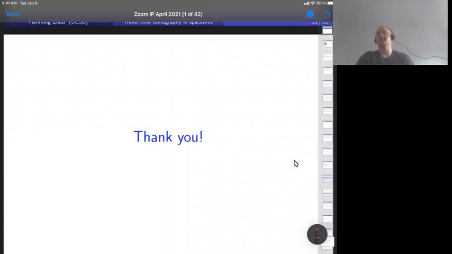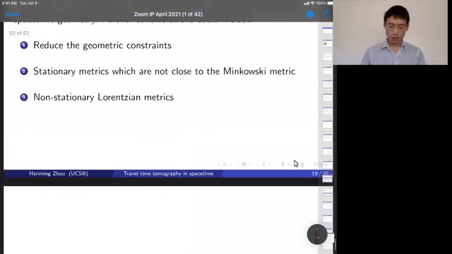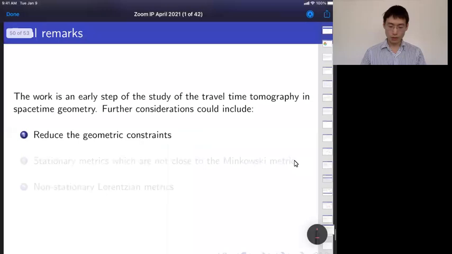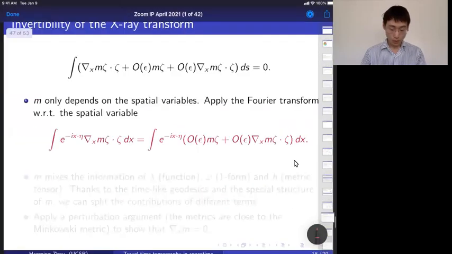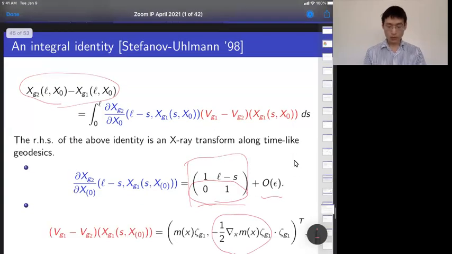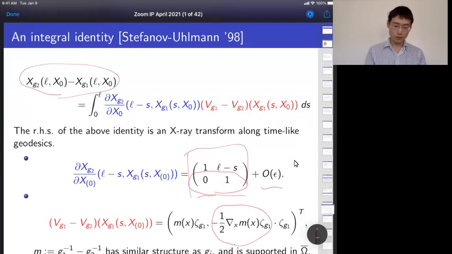Right. I see. Okay. From that integral identity, it can be treated as a transfer from the distance function to the scattering relation, because one side of this integral identity is exactly the difference of the scattering relations. Right. So what I'm getting at is that if you look at these scattering relations, then it makes sense to restrict these to the null geodesics, right?